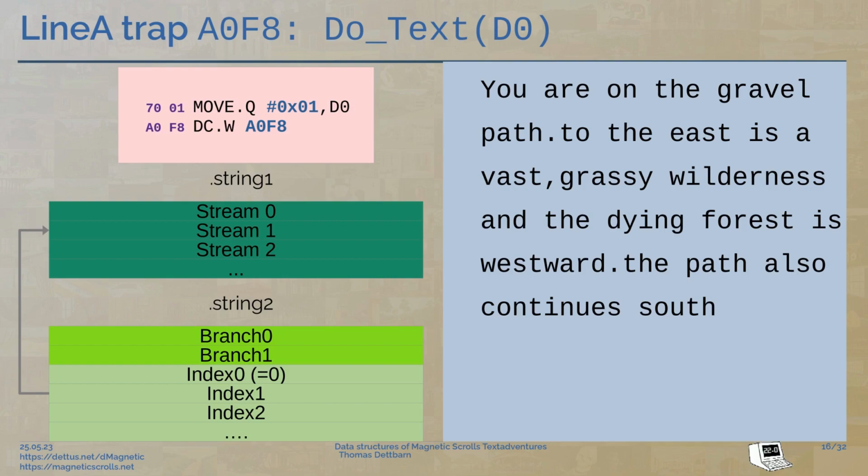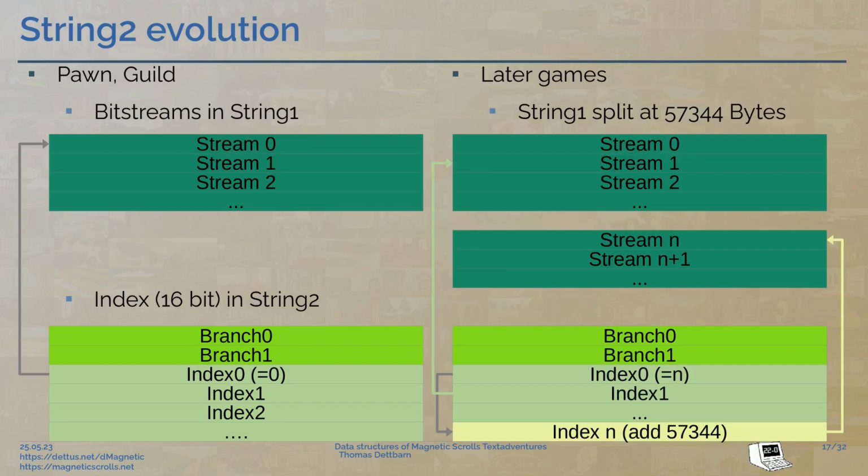Okay, and when the games got bigger, this string 2 section had to evolve. When they got more and more text, they decided, okay, let's split up the string 1 section. To preserve memory, and I don't know if they made it backwards compatible, they reused this very first index, index 0. You can imagine that this index was always explicitly pointing towards the beginning of the string 1 section.